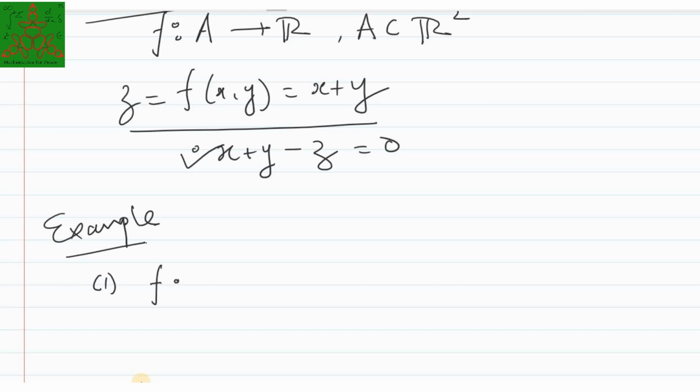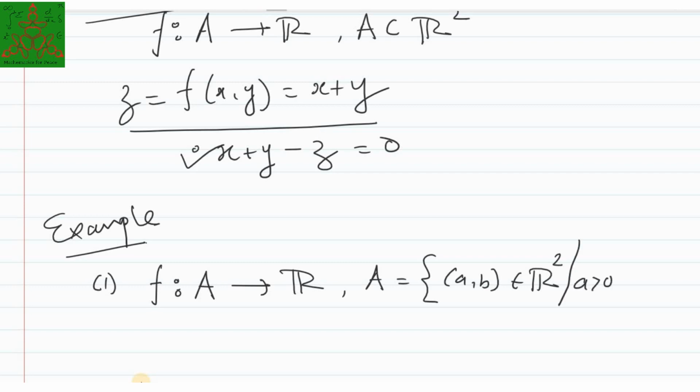If you define a function from A to R, where A is the set of (a, b) in R square with a positive and b positive, defined as f of (a, b) equal to a times b, this gives you the area of a rectangle with height a and base b.